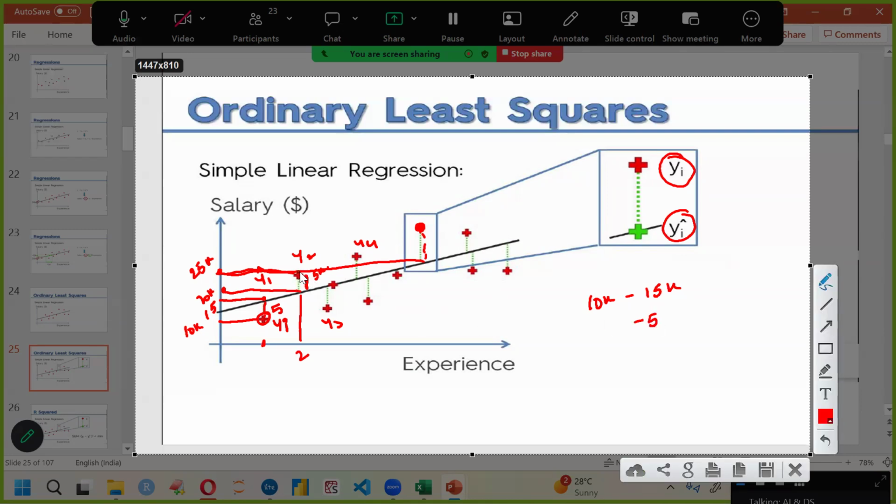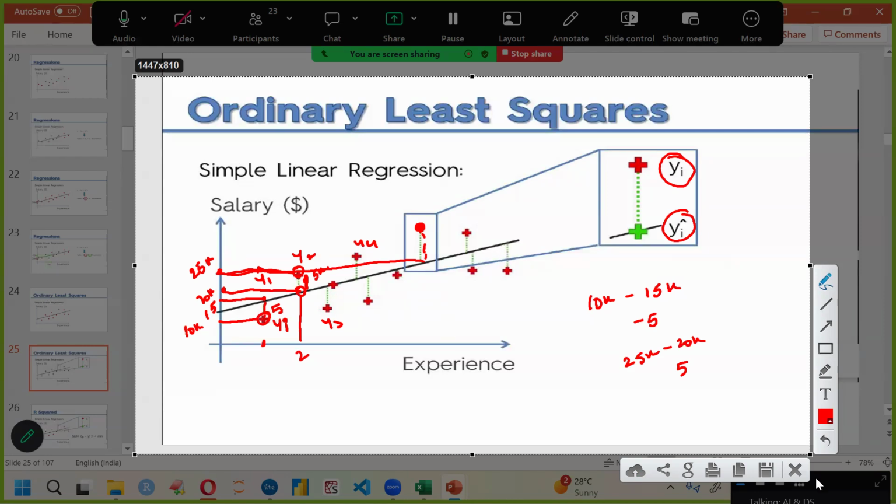Here y2 is 25K and y2 cap is 20K, so 25K minus 20K gives plus 5K. So for all the points, we are calculating the difference.